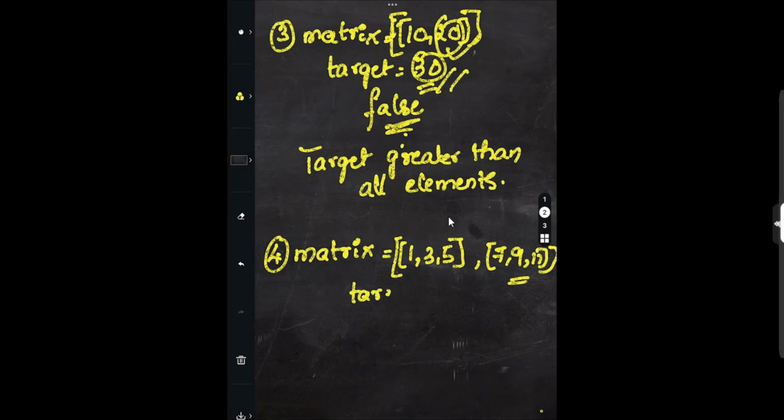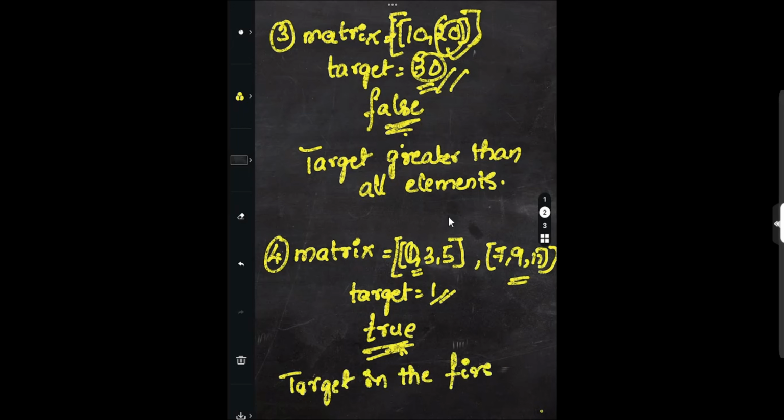Target at the first element we are considering, so let me consider 1. This has to be true, quite obviously, as we are finding the element within this array. If the target is the smallest element or the first element, then the output will be true. This is for the condition target in the first position.